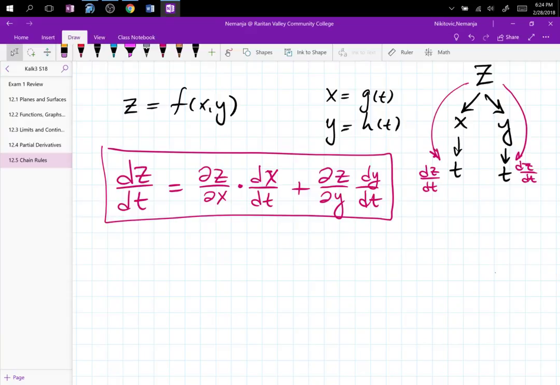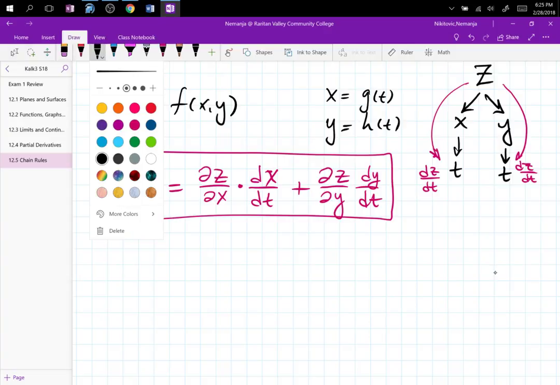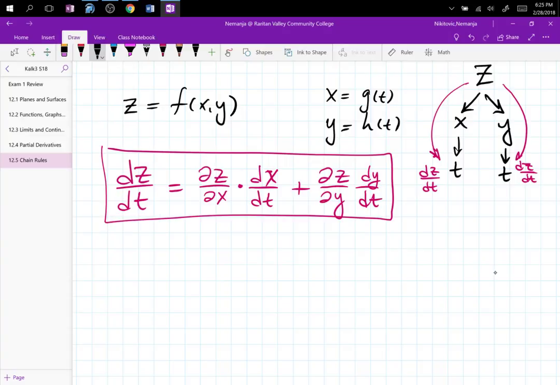Now, in which ways does this give rise to plural chain rules? Well, I'm either going to increase the number of variables in terms of x, y, z, w, and so on, or I'm going to increase the number of parameters on which x, y and z depend, or both.